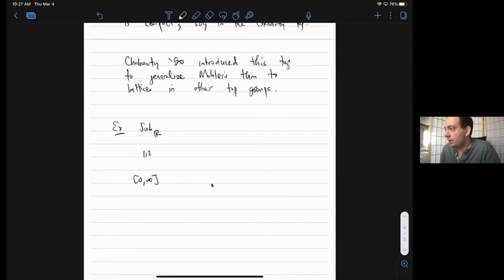How do you see that? Well, what are the closed subgroups of R?